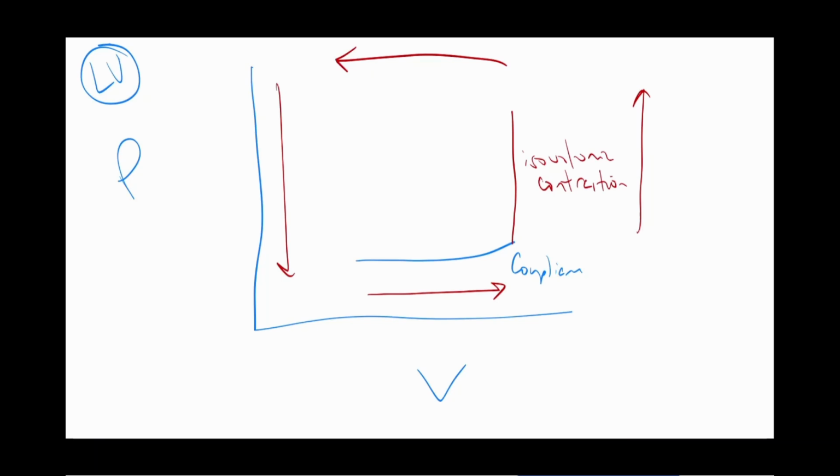Okay? Then, what happens once the heart generates enough pressure? Then what is allowed to happen? The valve opens up, and we're allowed to eject all that blood. So, at this point, we go that way.